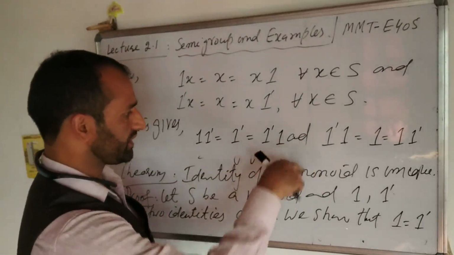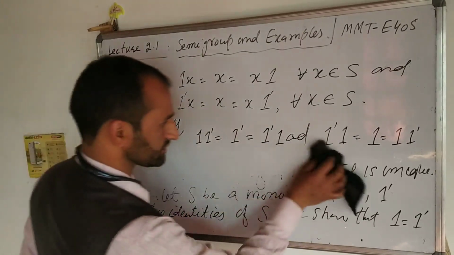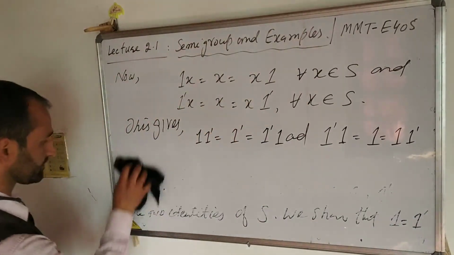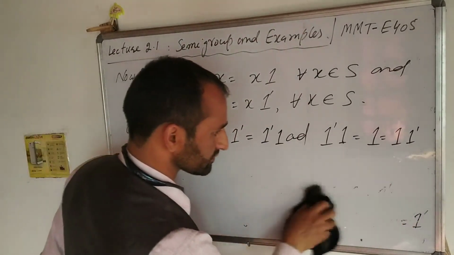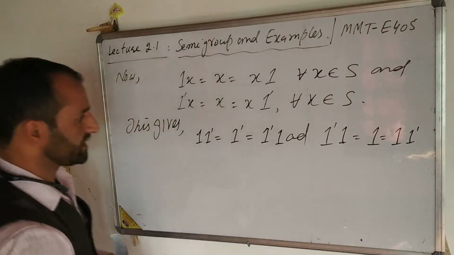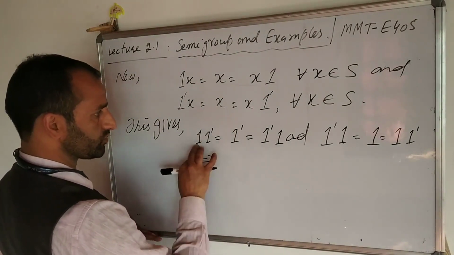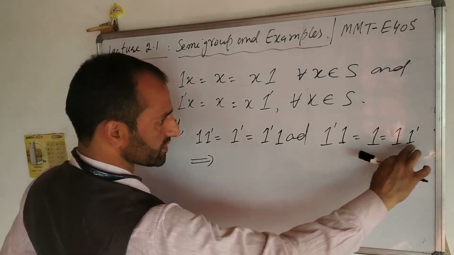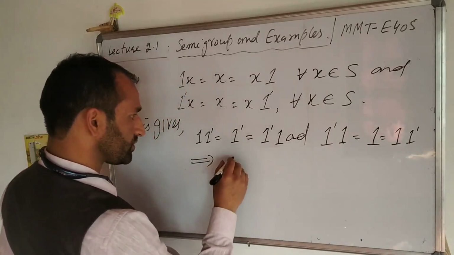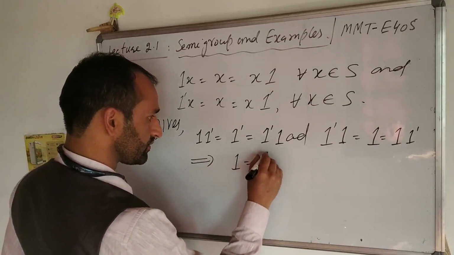This gives 1 dash is equal to 1 into 1 dash. Here it's 1, which is also equal to 1 into 1 dash. So it means that 1 is equal to 1 dash.